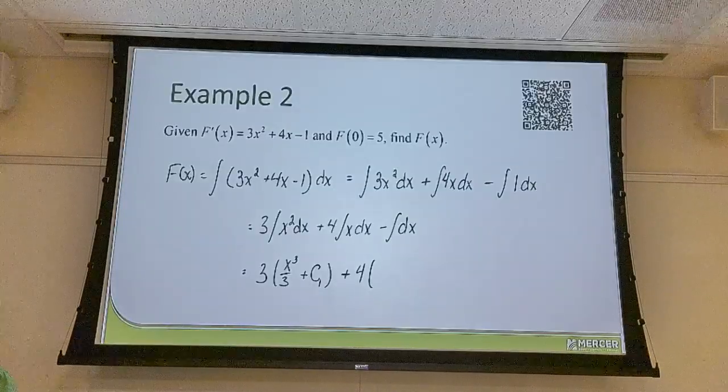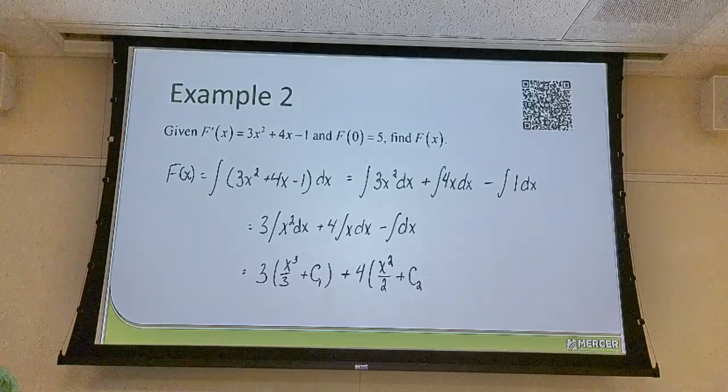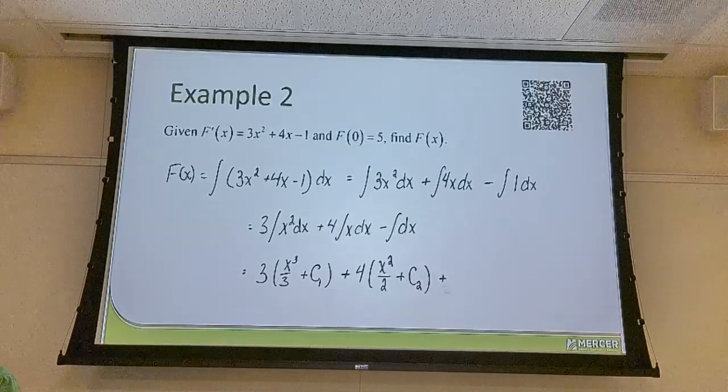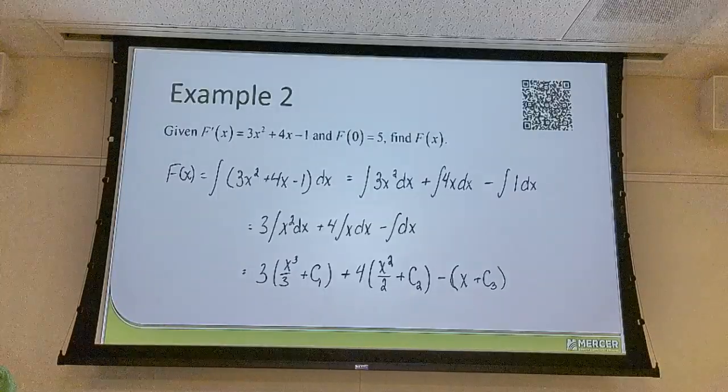Power rule. Add 1 to the power and divide by that. x squared over 2 plus c. What is the antiderivative of dx? x plus c.